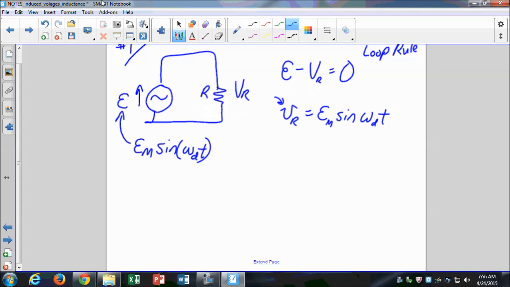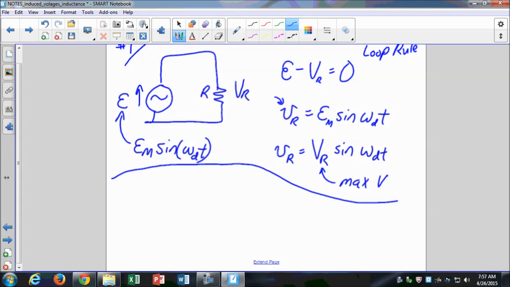All right, I could also write this as v_R equals big V_R times sine of omega dt. This is the voltage across the resistor, and this is the maximum voltage across the resistor. I can also define I, and that's what I really want to get to for all these circuits, some function for I. And this is pretty simple by Ohm's law.